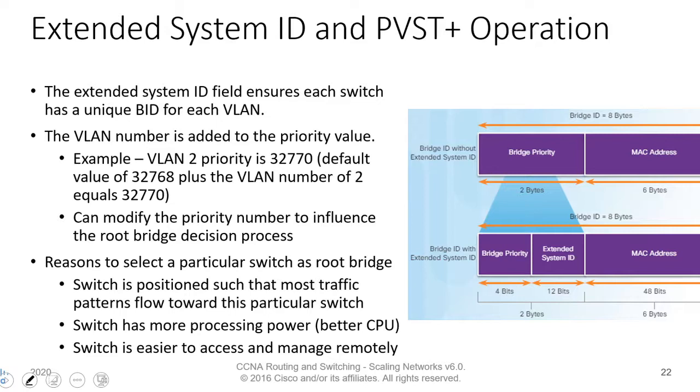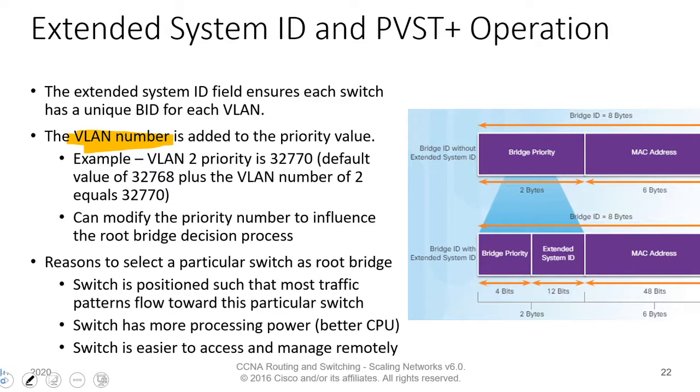In addition to that, in PVST Plus, we can also have what is called the bridge ID and the extended system ID, the bridge priority, which will be based on the bridge priority and the extended system ID. And one of the things that can be done for this is the VLAN number can be used as part of that priority value.